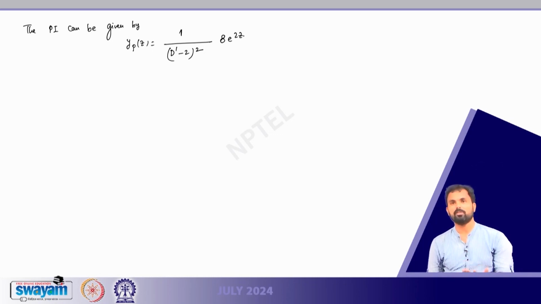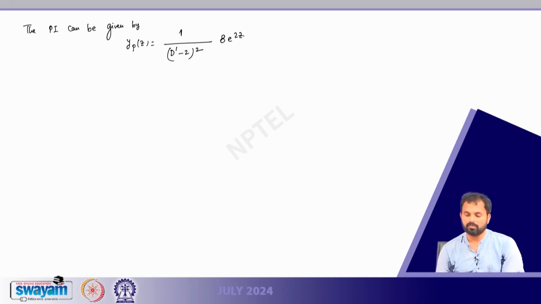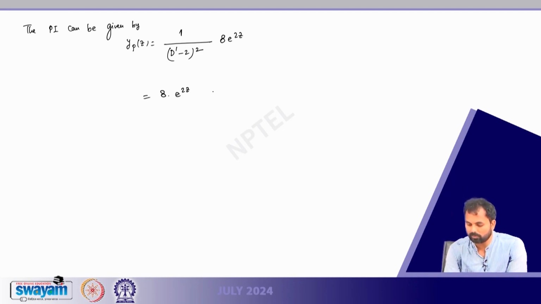So you substitute D equals D' plus a, you bring e to the power ax out of the integral, and you operate 1 by f(D) on the remaining function, which is basically 1. So here we will write 8 e to the power 2z 1 by (D' plus 2 minus 2) of 1. So this will become 8 e to the power 2z 1 by D'squared of 1.